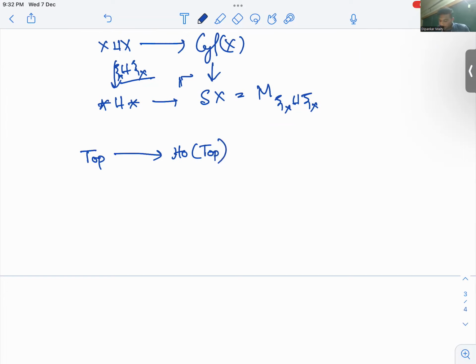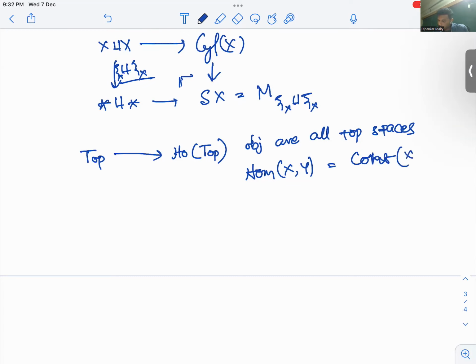So this is the category whose objects are all topological spaces, and morphisms from x to y are the space of continuous maps from x to y, quotiented by homotopy. And this category is equivalent to the category of homotopy types.